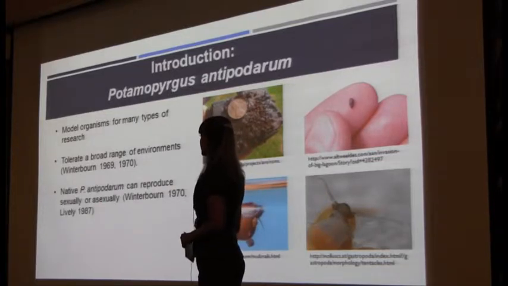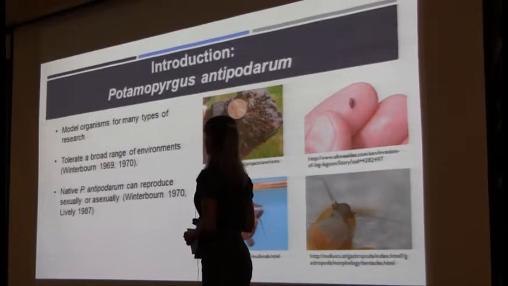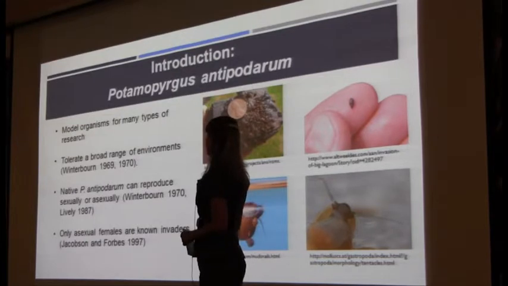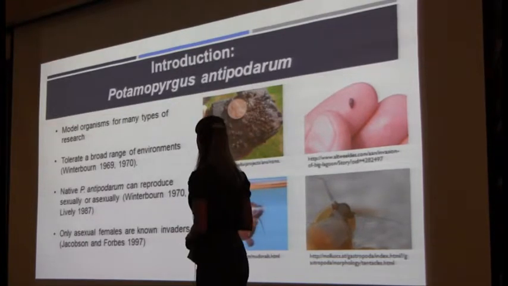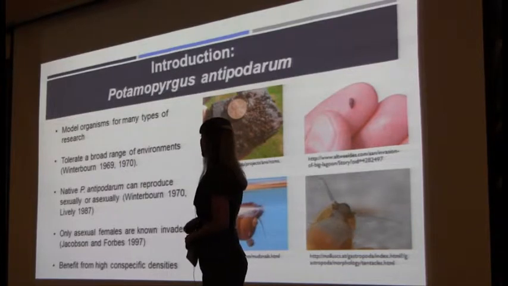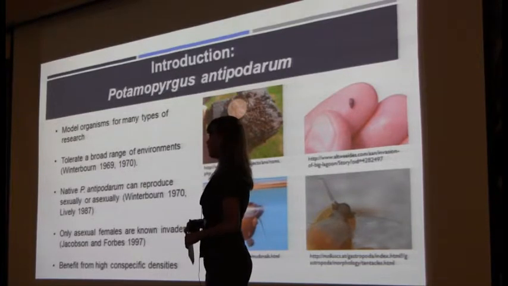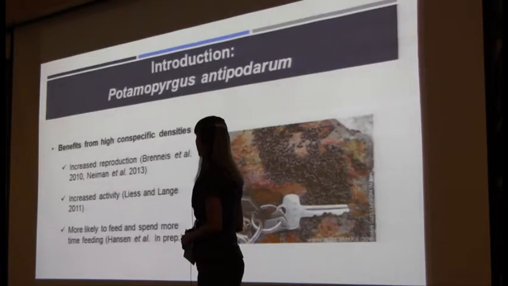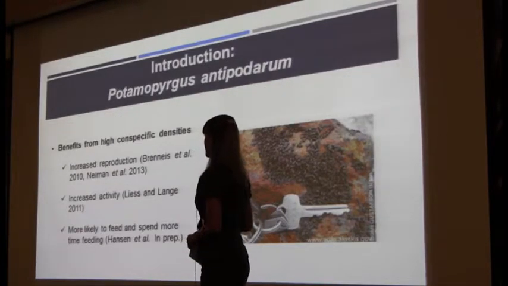Also, Potamopyrgus in its native habitat can be found to reproduce sexually or asexually, but in the invaded regions, it's only found to be an asexual female. It's also known from other experiments that it benefits from high conspecific densities.